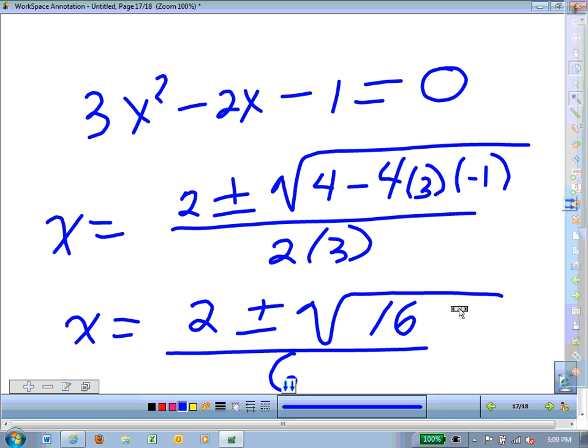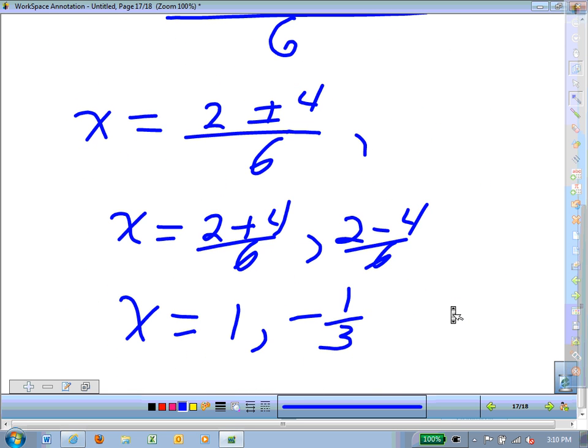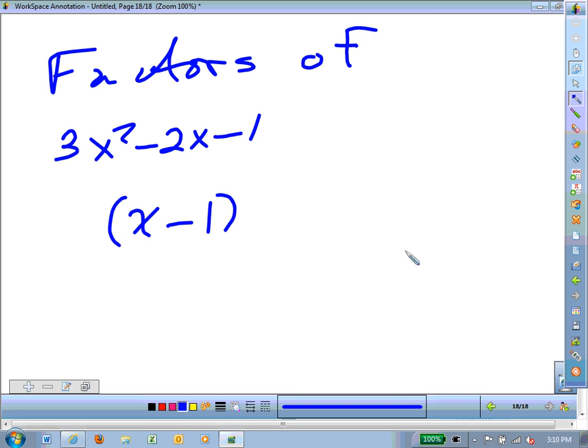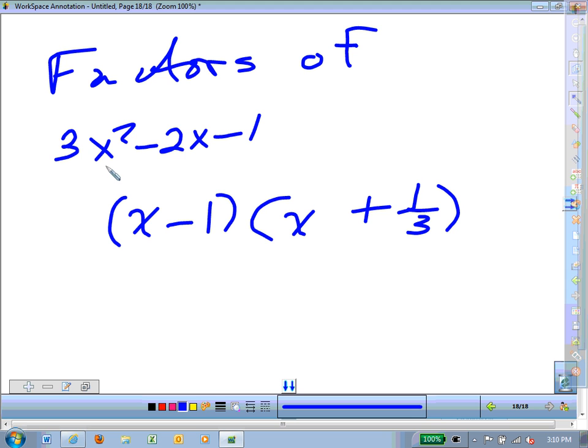Yeah, plus 1 and minus 1/3. So the factors would be x minus those two solutions, except this isn't quite equal to this. We have to make an adjustment. These are factors except for the leading coefficient, 3x squared. This is x squared, isn't it? So we'll have to do that.